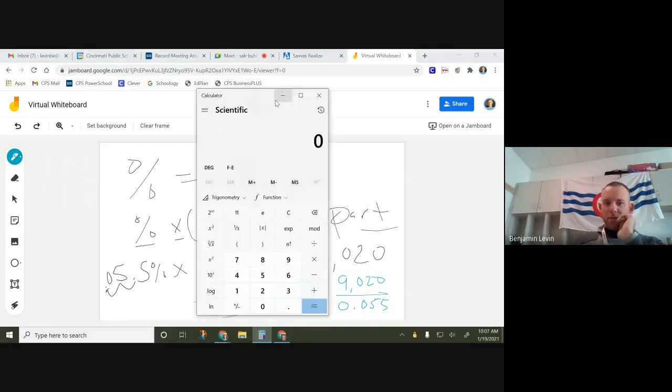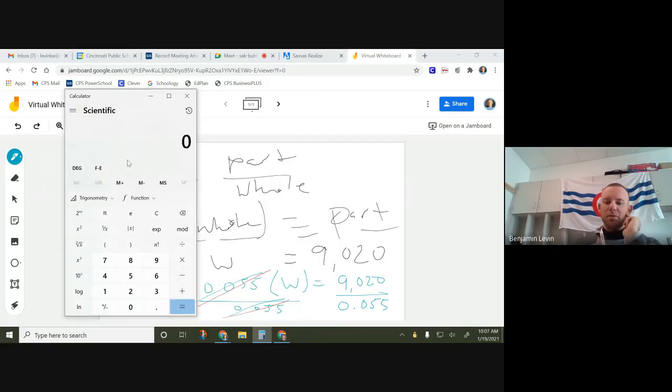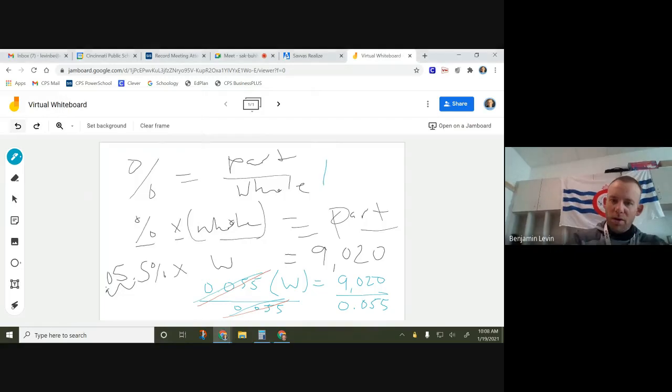No need to spend 2 or 3 minutes dividing that out. Oh, I did this in backwards order. It's 9,020 divided by 0.055, which is the same as 5.5%. So the selling price of the house was $164,000.